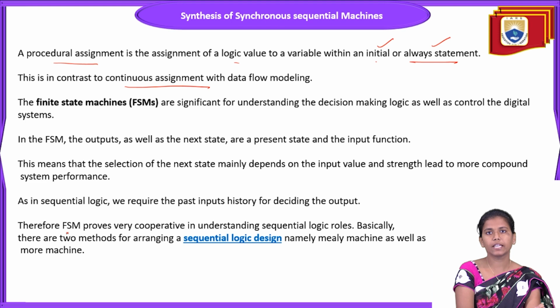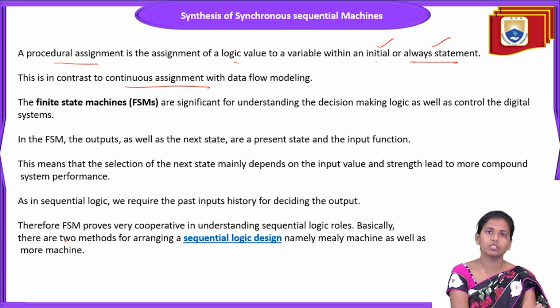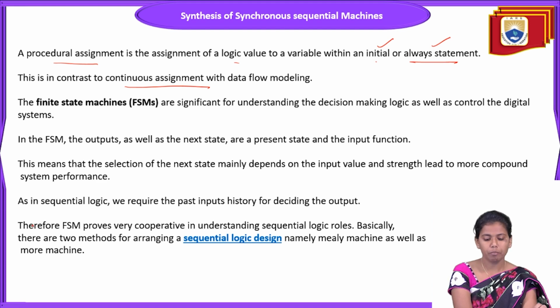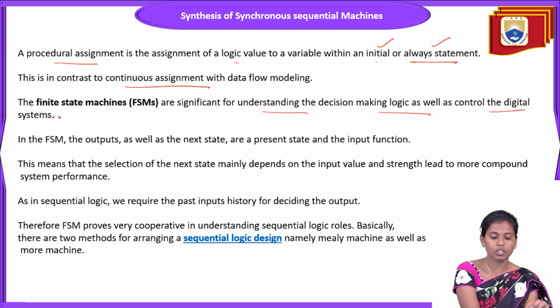And then the finite state machines. We have to concentrate on FSMs, because the synthesis will be done with respect to finite state machines. These FSMs are significant for understanding decision making logic as well as for controlling digital systems.